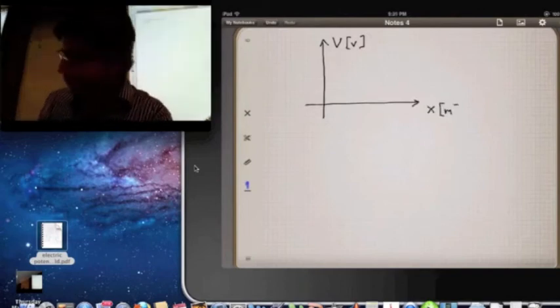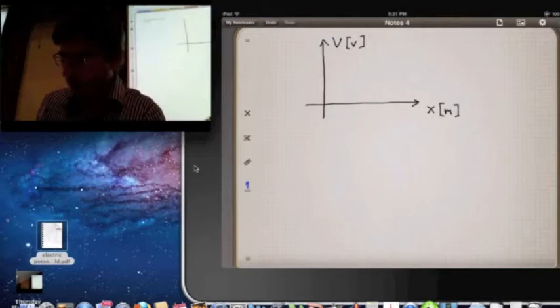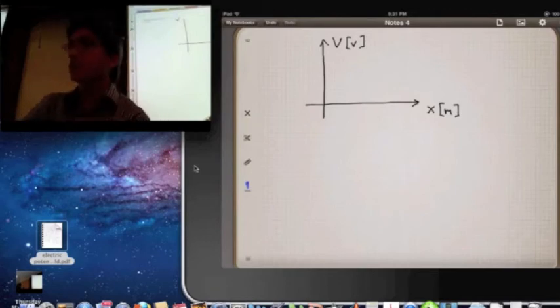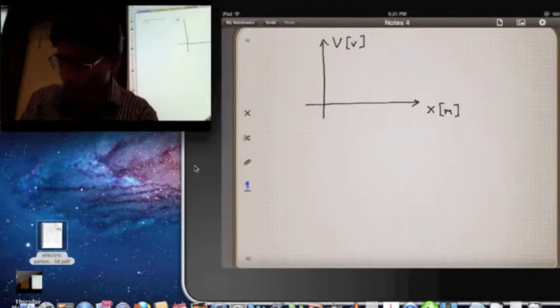So let's work now on another possibility, which is that you might be given the potential in one direction. So let's say that this is the x direction, and you have information about the potential, but not at one point, but continuous. So suppose that you measure the potential along a certain line, and it looks like this.